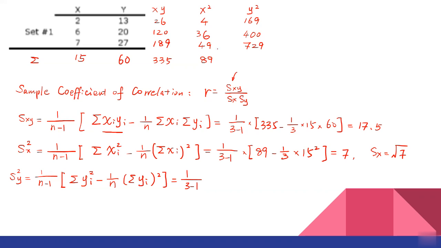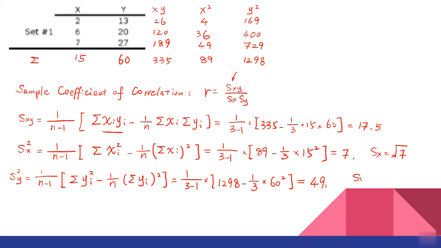And then let's calculate the sum of all y squared, which is 1298, right? Okay, so put the values here, 1298 minus 1 over 3 times the sum of all y's, which is 60 to the second order. So the final result of the variance of y is 49.